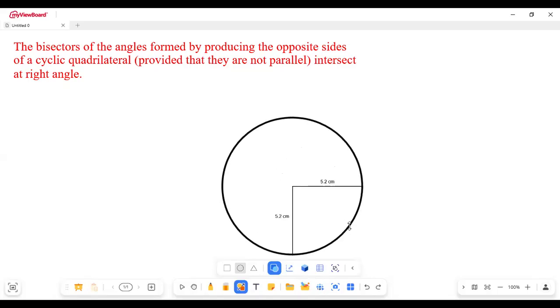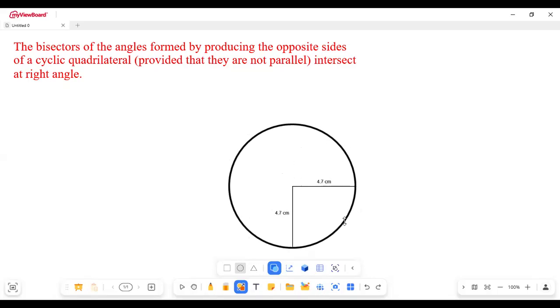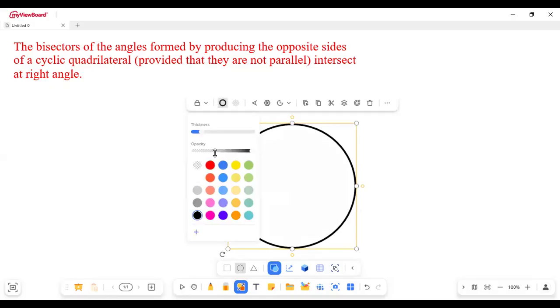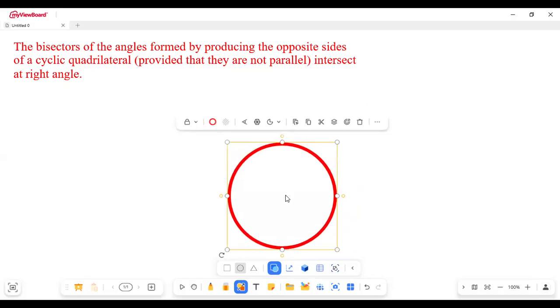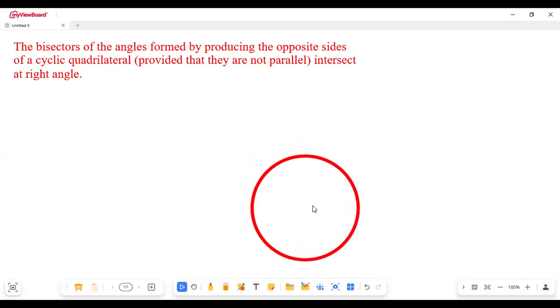Let us draw another circle so that we can easily understand it. Increase the thickness. So this is the circle we have. This is the very circle which is asked in the question, but there is a cyclic quadrilateral, that is, a quadrilateral inside a circle.